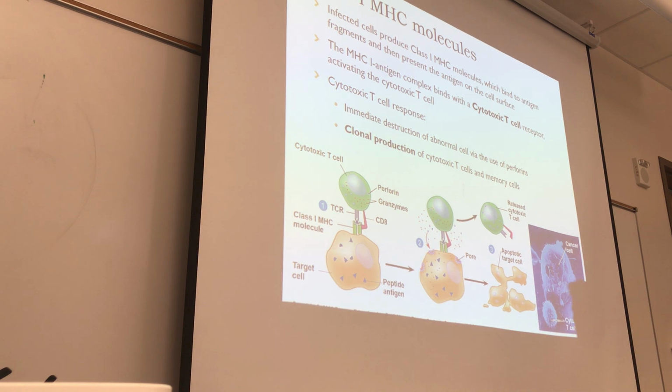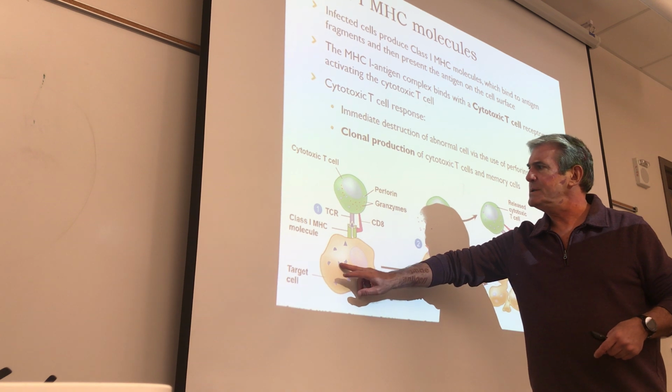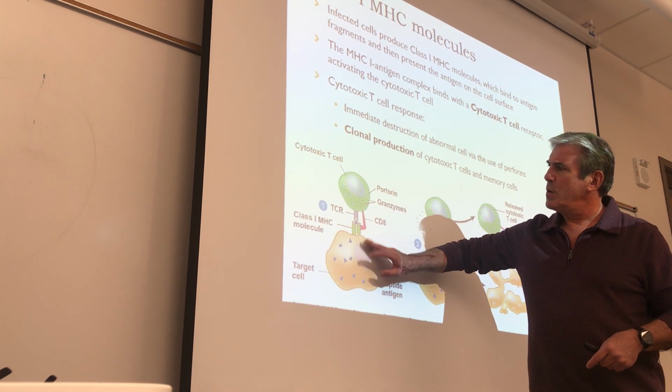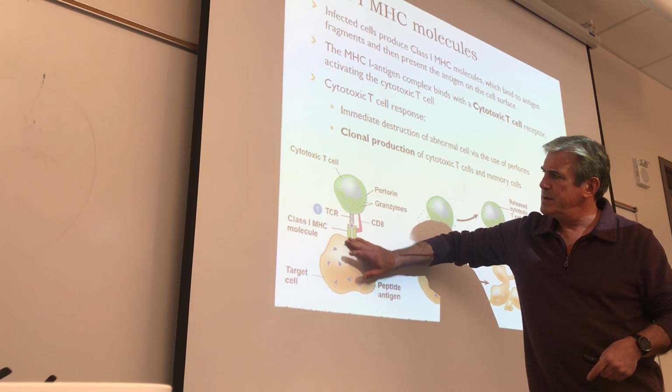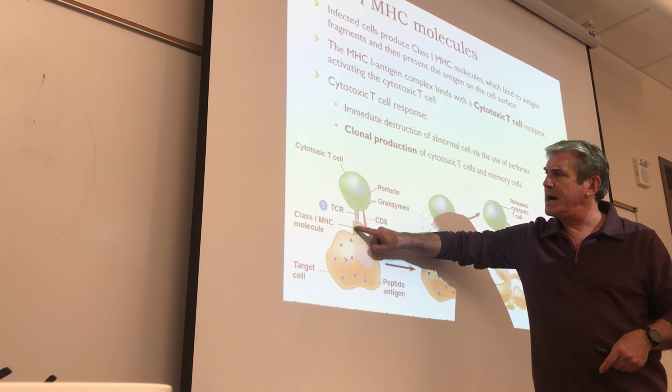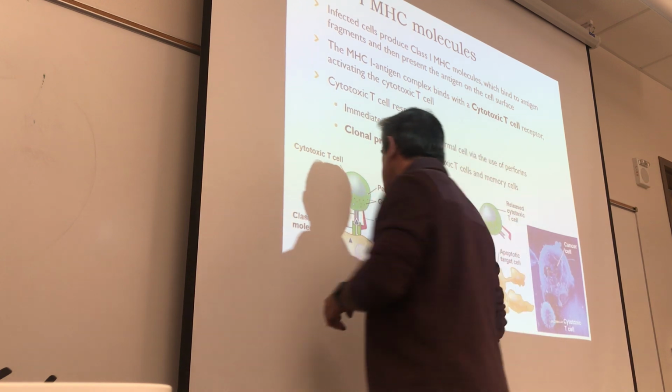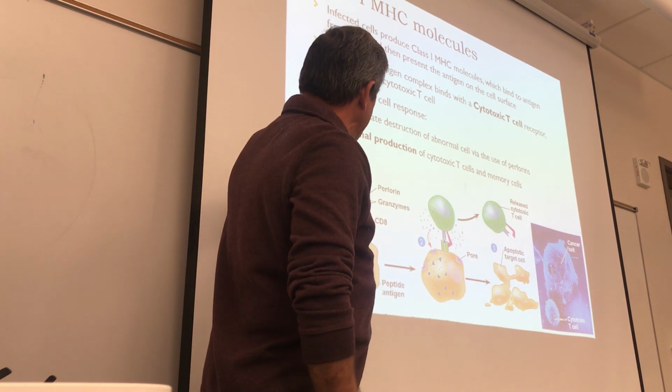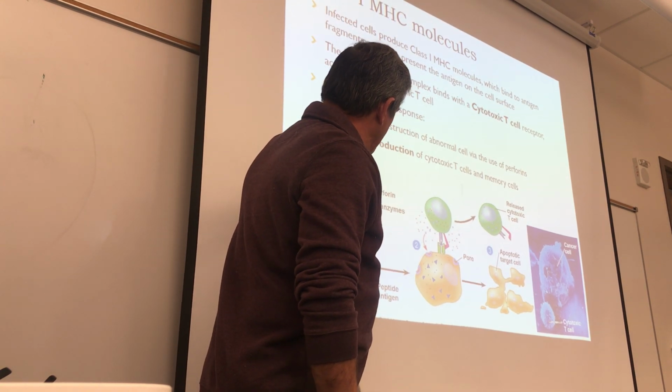So we have an infected cell. We put the antigen, the virus, up here with the class 1 markers. And now the cytotoxic T cell will bind to it. There's the TCR, the T cell receptor, and the CD8 marker.